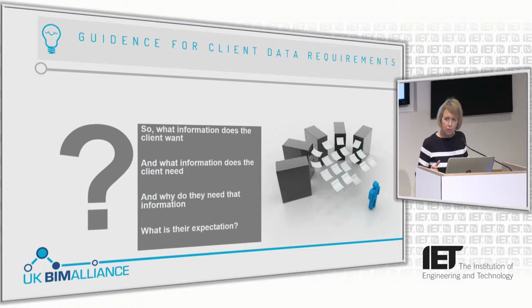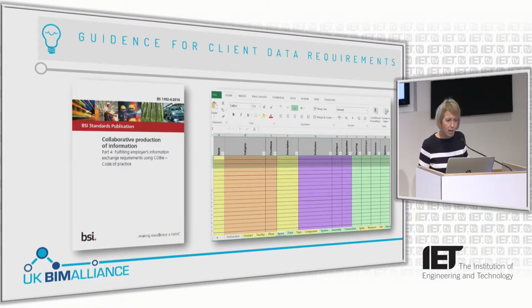Now, you'll know that we've been working with the adoption of BIM Level 2 in the UK for a long time now. And there are a number of guidance materials that allow us to work out some of the answers to those questions. I think we probably start off with BS 1192 Part 4, which was introduced in 2014, and it works in conjunction with the COBie template, the COBie spreadsheet that the UK has adopted for the structure of asset data.